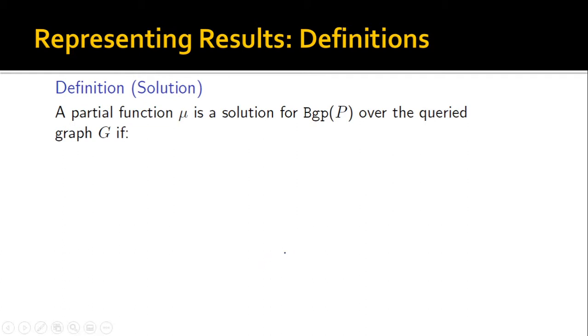Now, what do you mean by a solution? When we talk about the solution, as we have mentioned, a solution is an instantiation of all the variables that you can have, right?